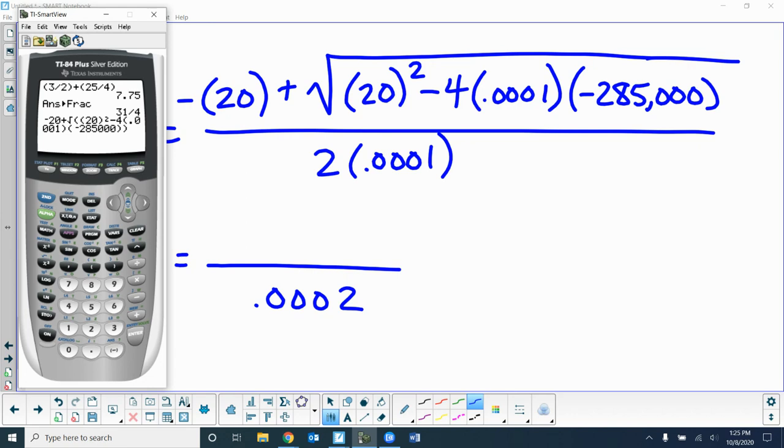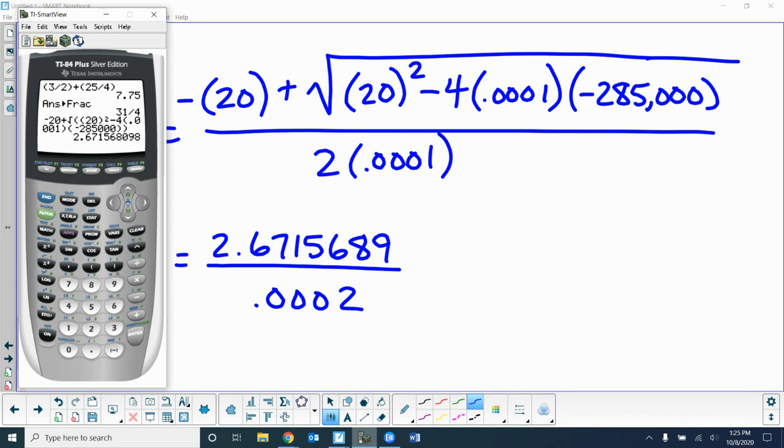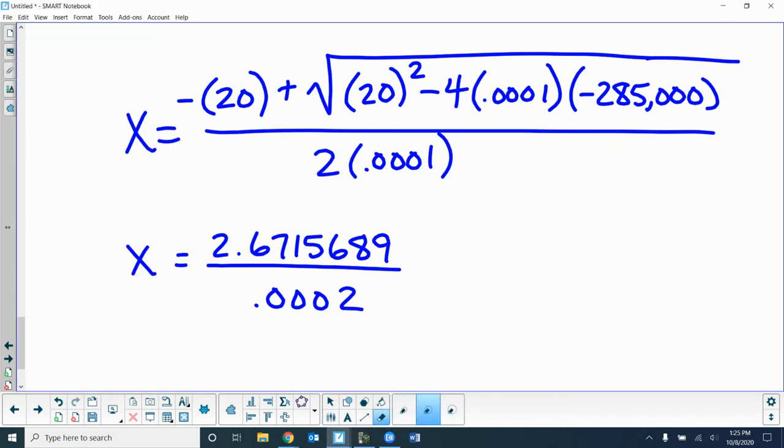Okay? I just hit enter there. You don't have to write all this out, but I'm just gonna put it 2.671568, or is it 09? 09. I thought I had it. Again, you don't have to write all that in.